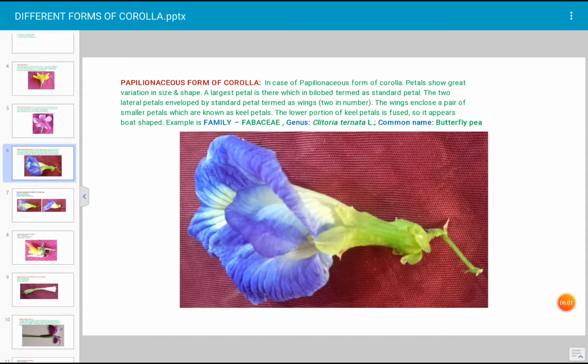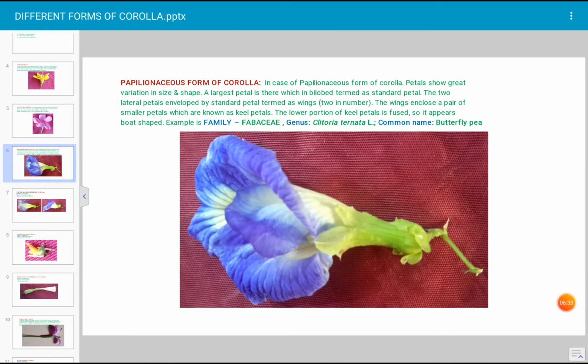The two lateral petals enveloped by the standard petal are termed wings. There is a pair of wing petals enclosed by the standard petal, and the wings enclose a pair of the smallest petals, which are known as keel petals. These keel petals are also called boat petals. The lower portion of the keel petals is fused so that it appears boat-shaped.